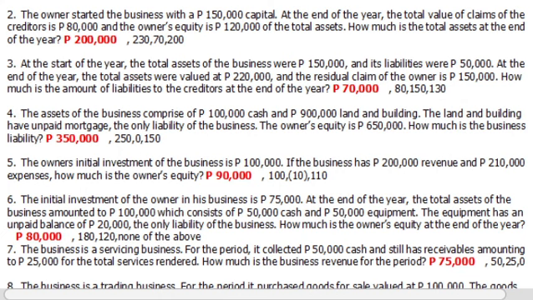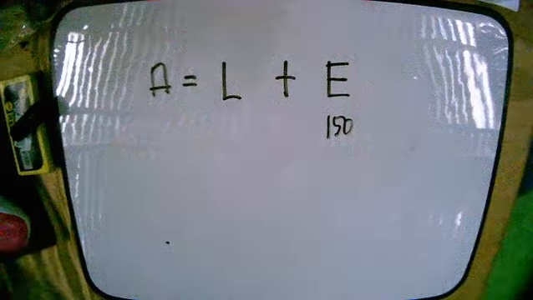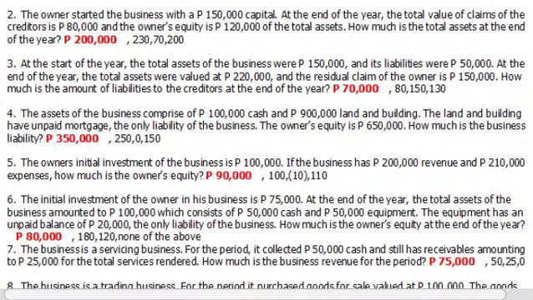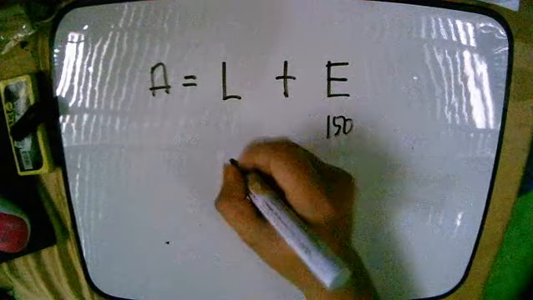So, yung given kanina na beginning of 150,000, ito yung initial investment. Sabi sa problem natin, at the end of the year, yung claims of the creditors na daw is 80 and the equity is 120,000.